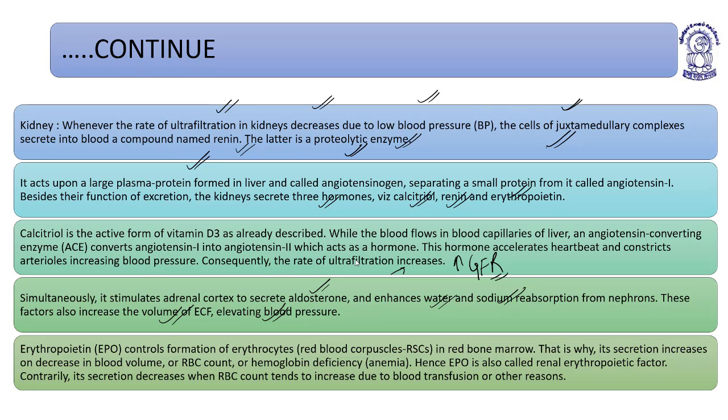Now, erythropoietin. Erythropoietin controls formation of erythrocytes, that is red blood cells. We mean acclimatization. Acclimatization is adaptation to a new environment. So, if a person goes to a high altitude region, the partial pressure of oxygen there is low.